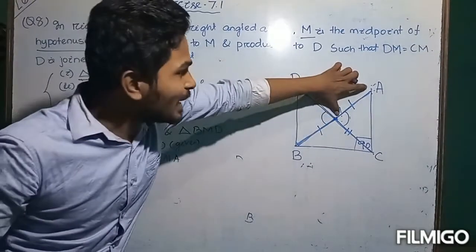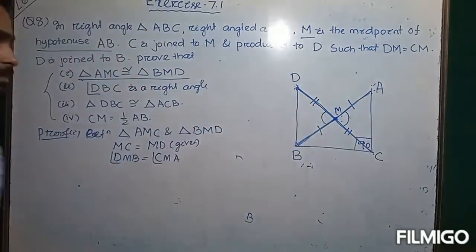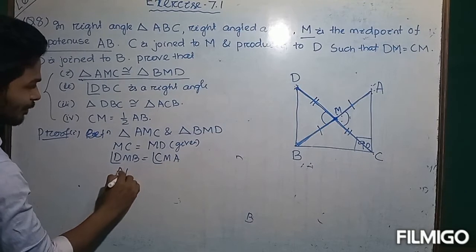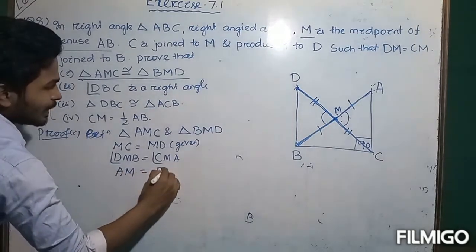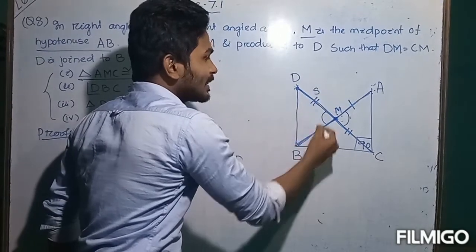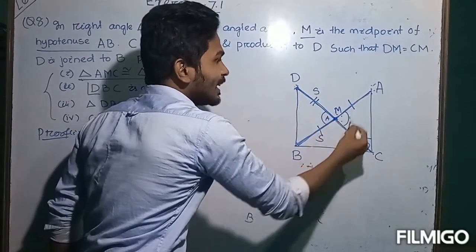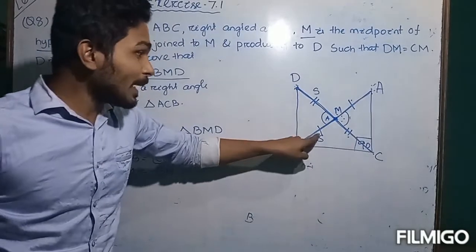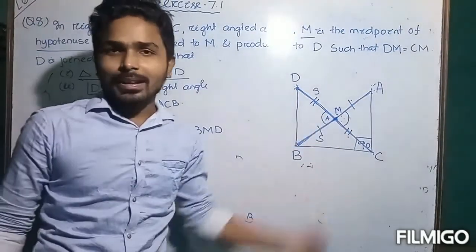So you can write AM is equal to BM. So what we get? We get this side, this side, this angle, this side, this side, this angle. So by SAS congruency, these two triangles are congruent.